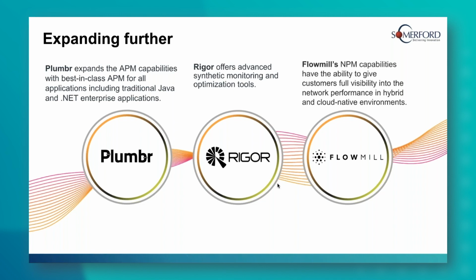Very interesting from my point of view, because I've often been asked by customers for means of using Splunk for synthetic monitoring. It can be done, but this will definitely simplify that process. So that's a very exciting one for me. And Flowmill takes network performance monitoring capabilities and adds that to the mix as well. So we have networks as well as applications. Really is a comprehensive set of tools when it's all been brought together, but not just yet.